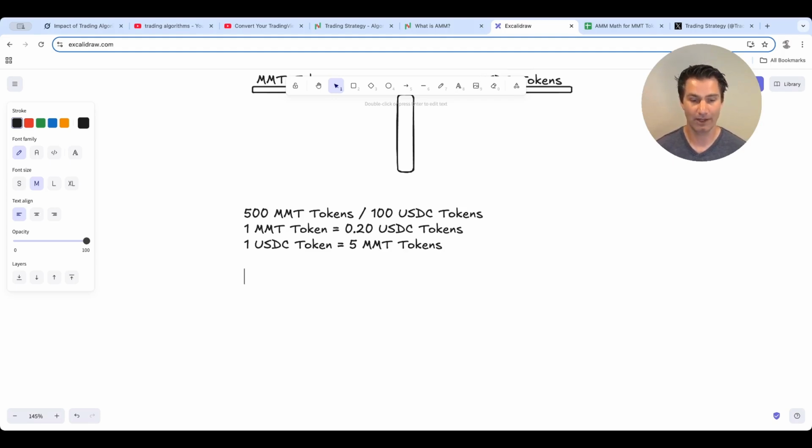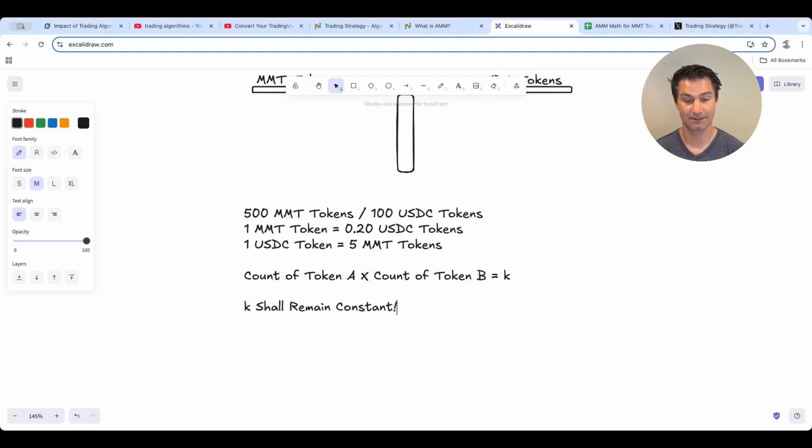And the way that this works is we just say that the count of token A times the count of token B equals K. And the rule is that K shall remain constant. Okay, this is how it works.